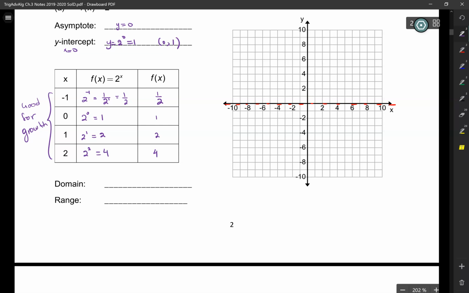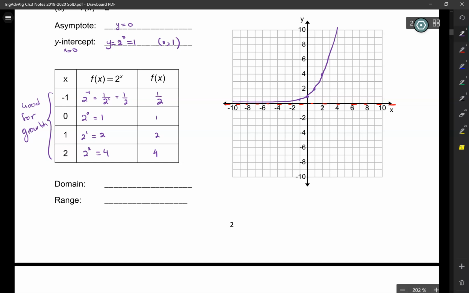Okay? And then at -1, you have a 1/2. 0 is a 1. At 1, you have a 2. At 2, you have a 4. And that's how you graph it.